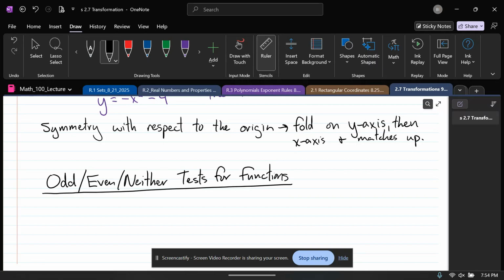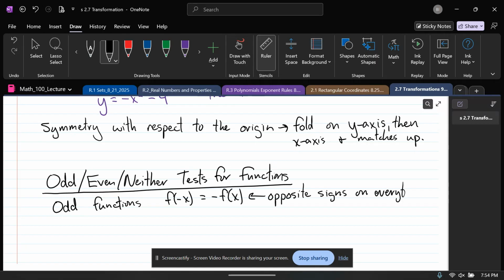Okay? So functions can be those things too. Odd functions: if I plug in a negative x and I get back the opposite signs on everything in the problem, it's odd.